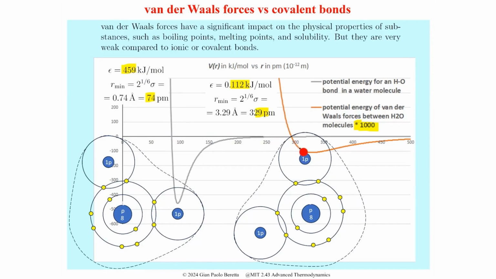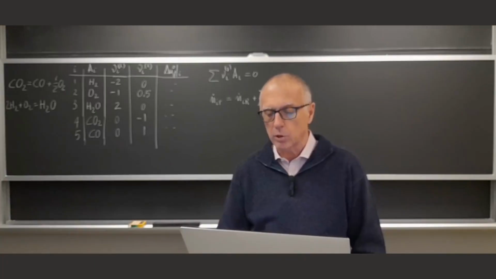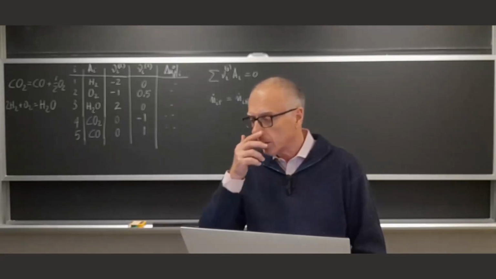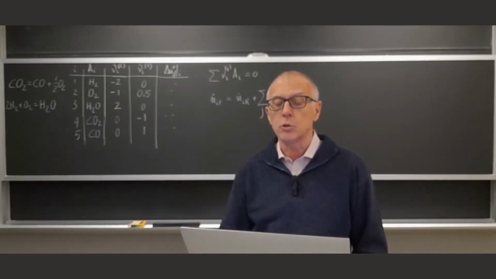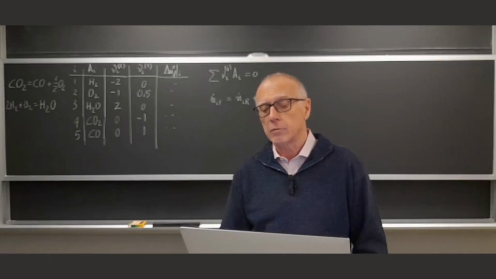You compare it with the van der Waals forces that you can calculate for water molecules, which describe the liquid and vapor phase for water molecules using the Lennard-Jones fluid model that we discussed.